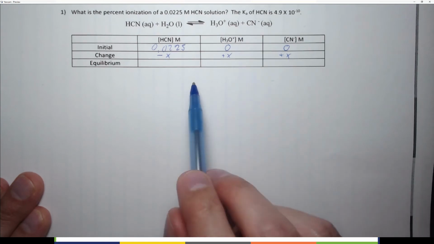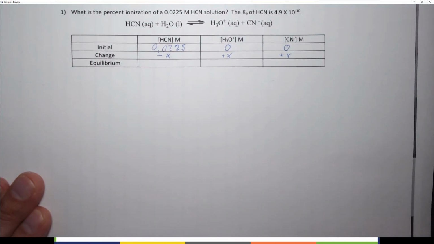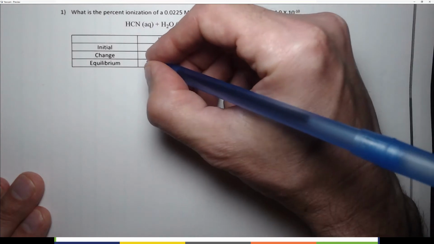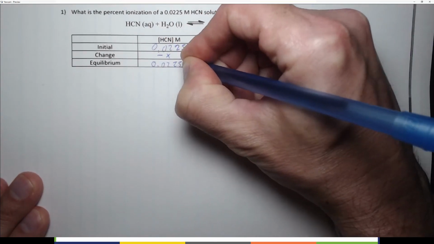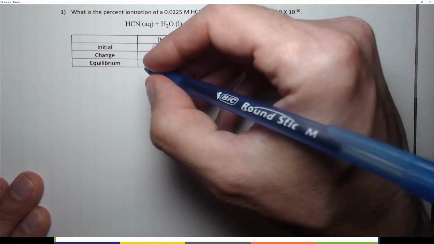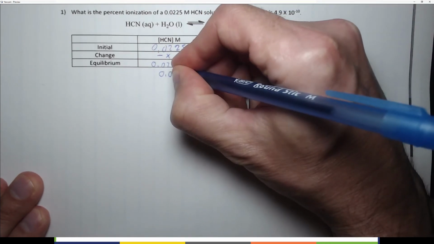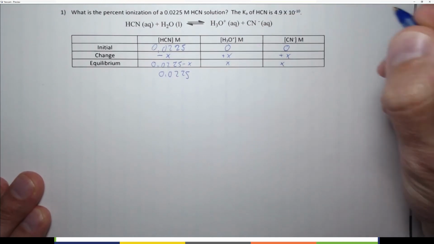So we know the relationship stoichiometrically, but we don't know the actual value. For the equilibrium, we're going to get 0.0225 minus X. We're going to ignore that X as we have in previous examples. So 0.0225. We're going to get here X, and we're going to get X.